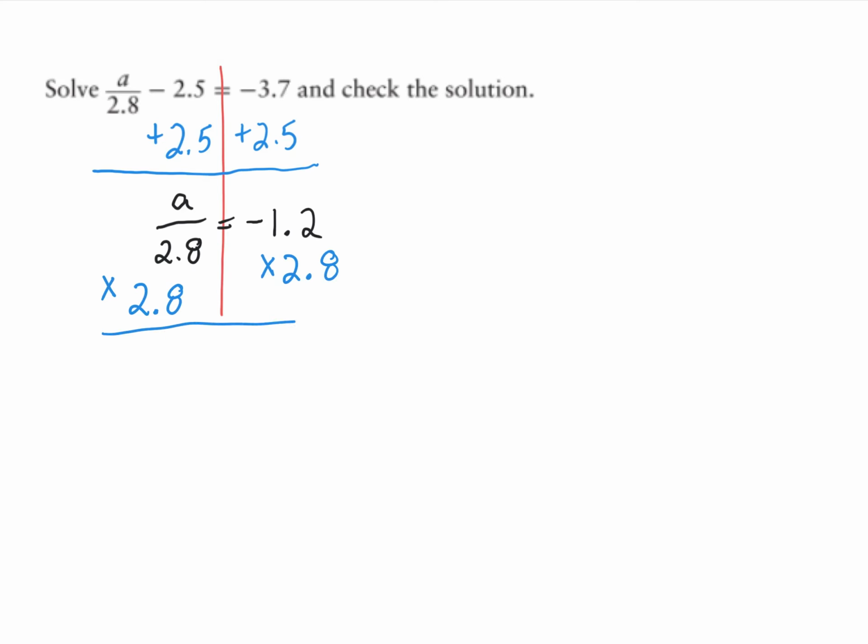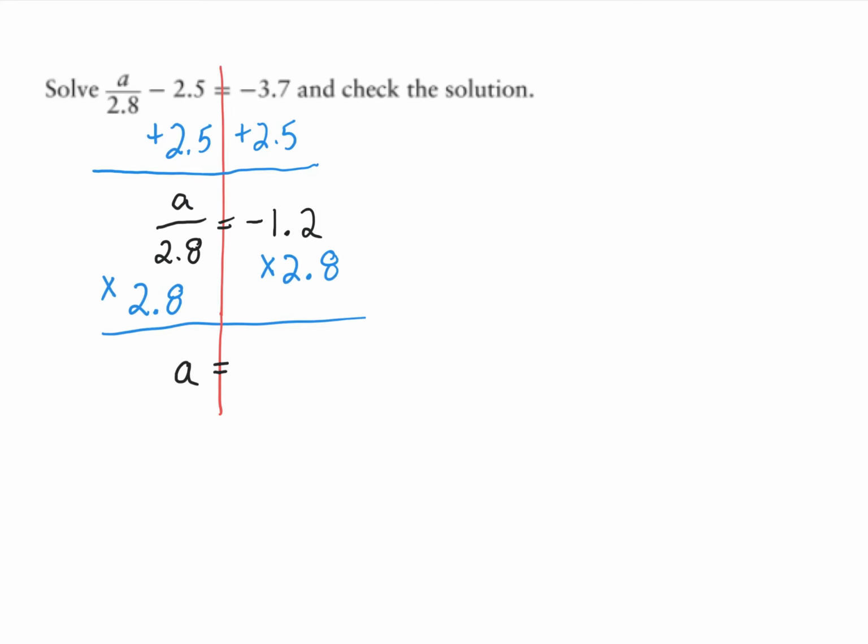All right. And my final step here will be to simplify everything. So on the left-hand side, all I'm left with is a. And on the right-hand side, I just have to multiply negative 1.2 times 2.8. We're going to use our calculator for that.